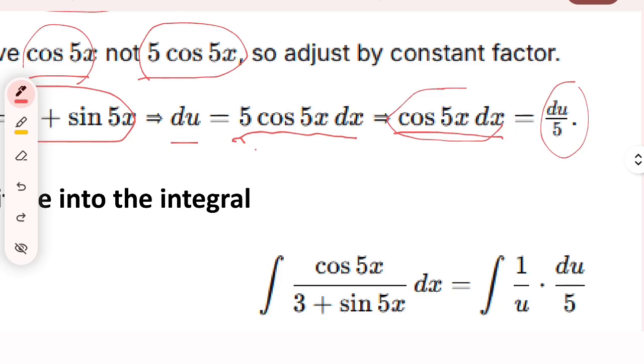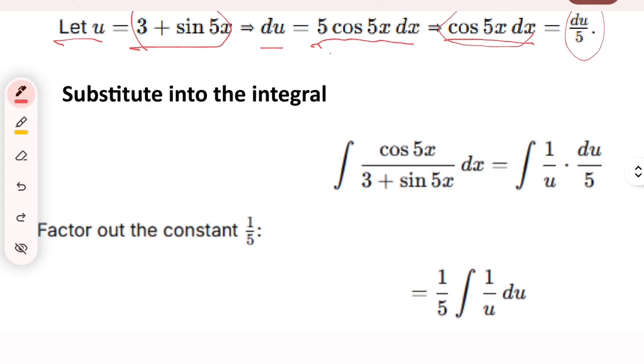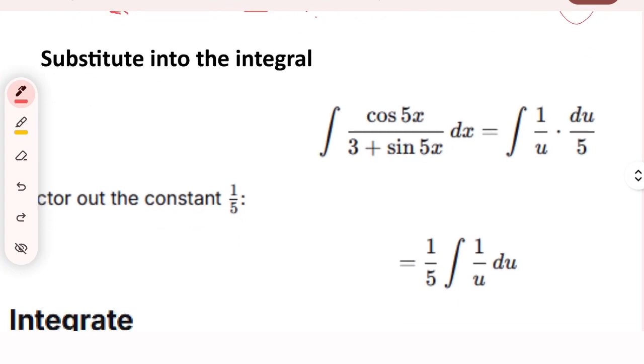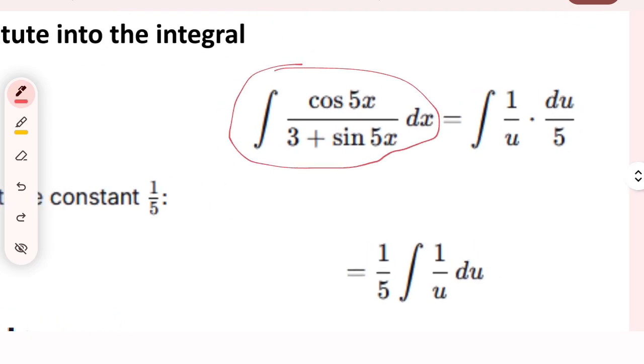So du over 5. If we put it back in the integral, originally this is what we have, but we can replace it with 1 over u times du over 5. We let u and solve for du, which is du over 5, because there was a 5 before the cosine.